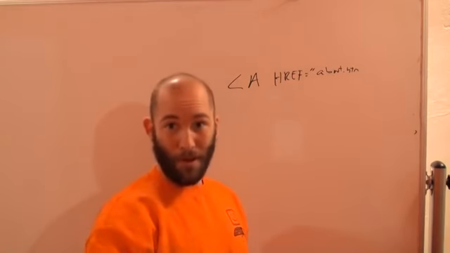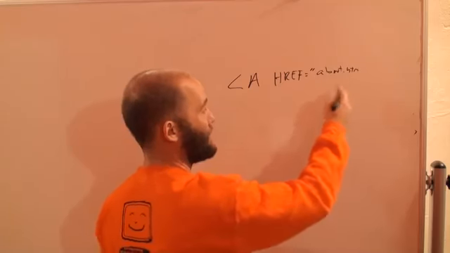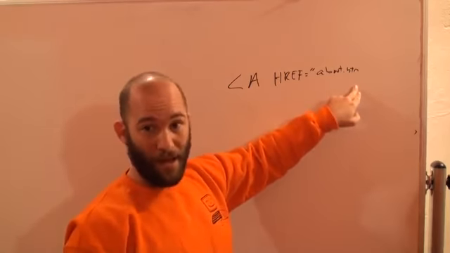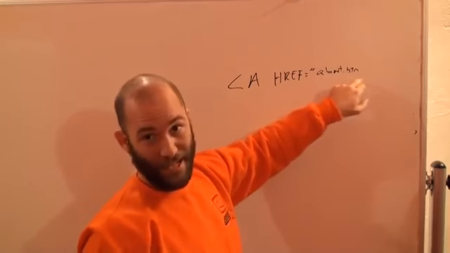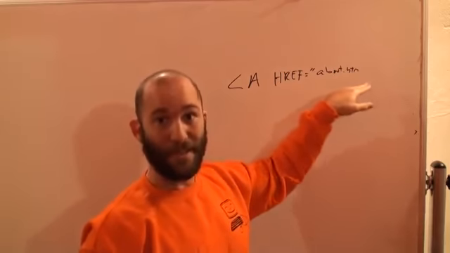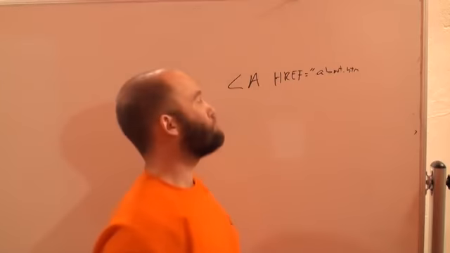Depends on what you code, but you have to write in exactly what it is. So if you made the about page .html, then you have to do about.html. If you made it about.htm, then you just type in about.htm.